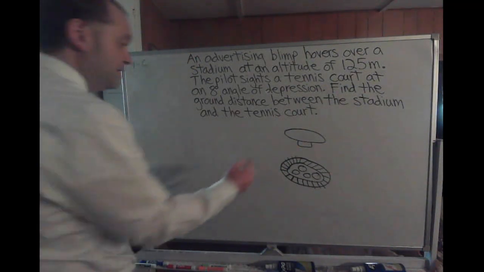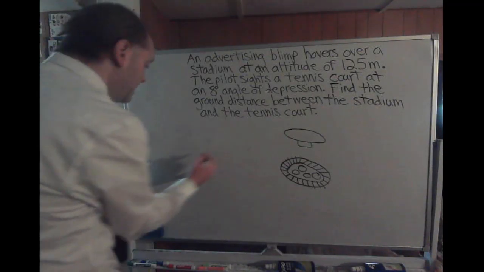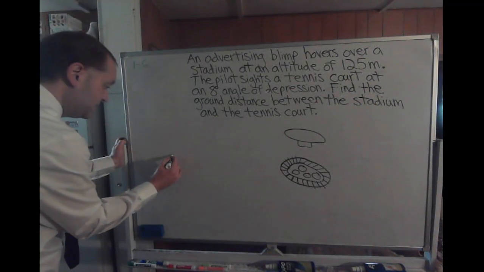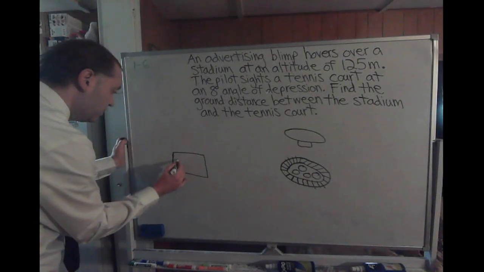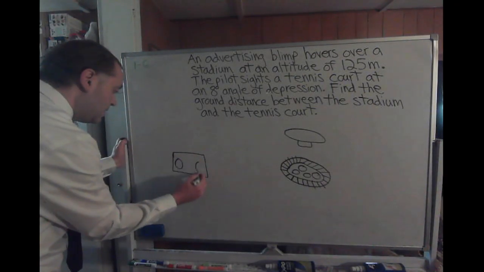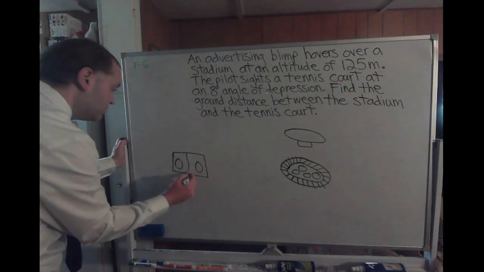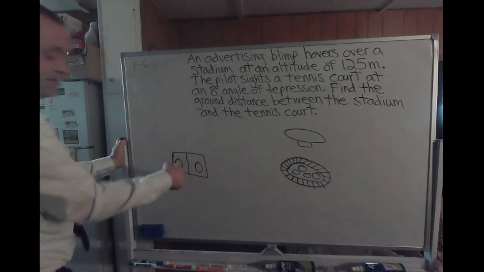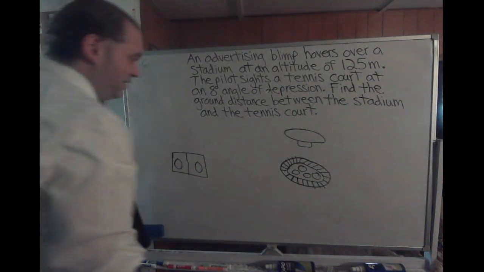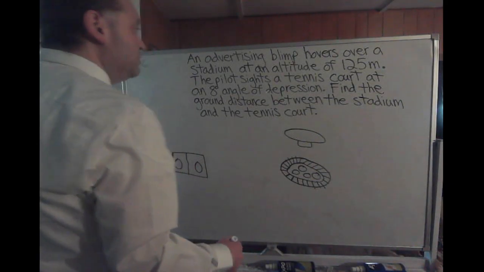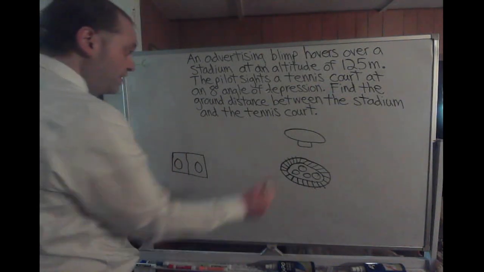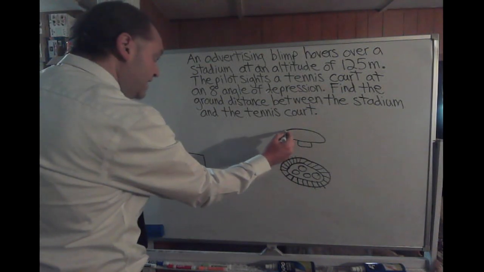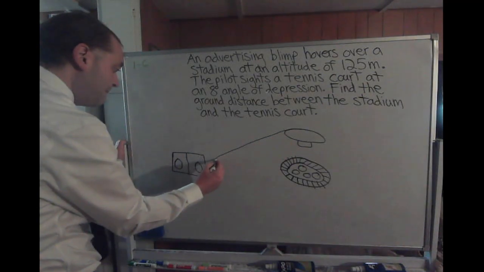And then we got the tennis court off in the distance here. Good Lord, I should have taken a drawing lesson. Alright, that's your tennis court. I can't do very well. So we got the blimp flying directly over the stadium at an angle of depression of 8 degrees.